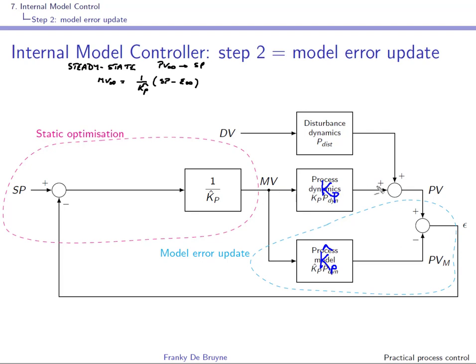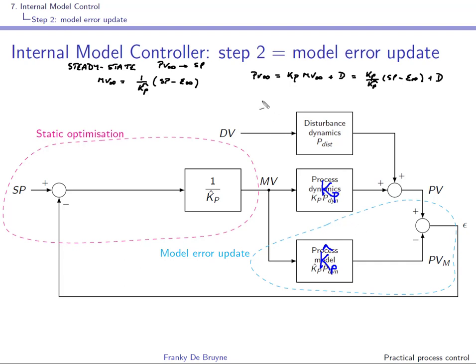So if we look in steady state, what will be the PV, and this is the output of the actual process, it will be Kp times MV in steady state plus some constant disturbance, right? So we'll have here Kp over Kp hat set point minus the error in steady state plus a constant disturbance, right?